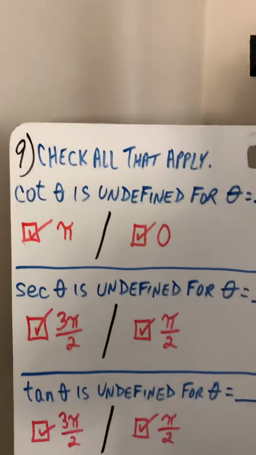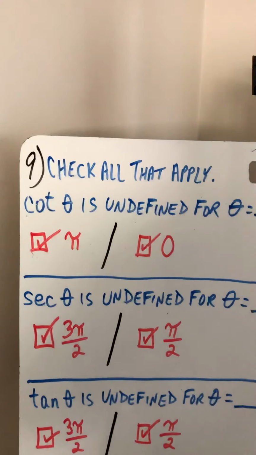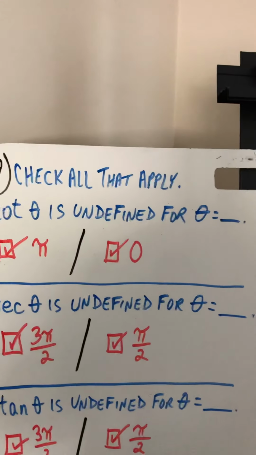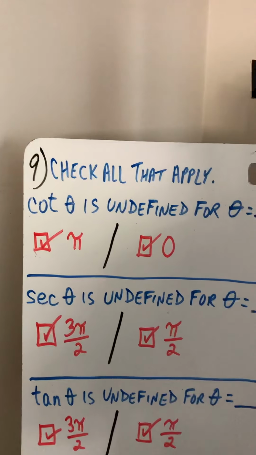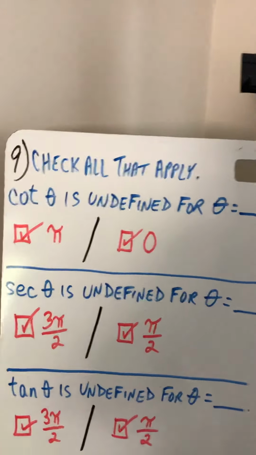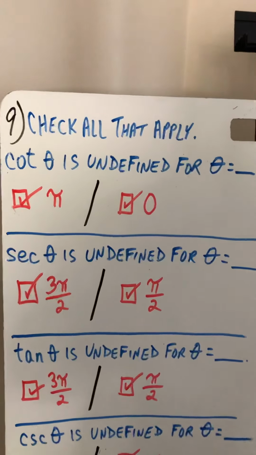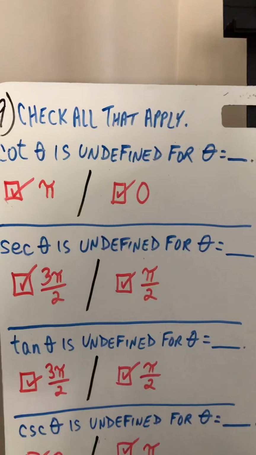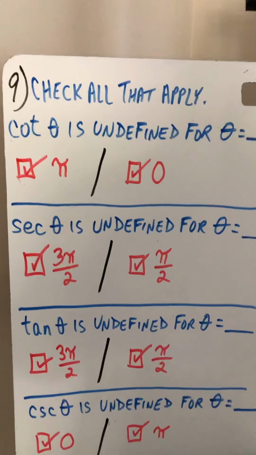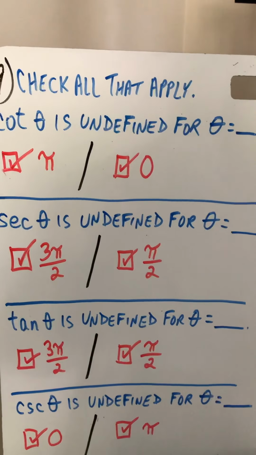Check all that apply. Cotangent theta is undefined for theta equals, you'll check pi and check 0. However, if the question says secant theta is undefined for theta, then you'll check 3 pi over 2 and you check pi over 2.